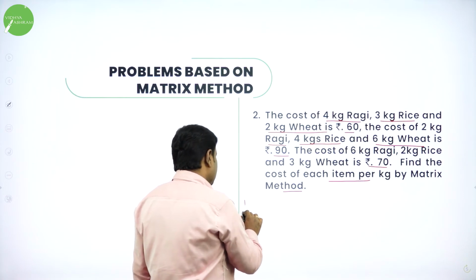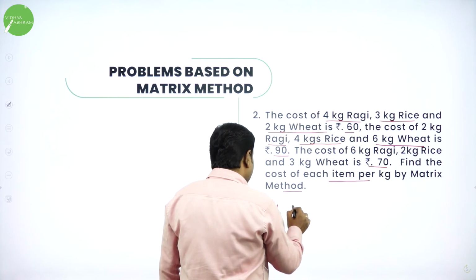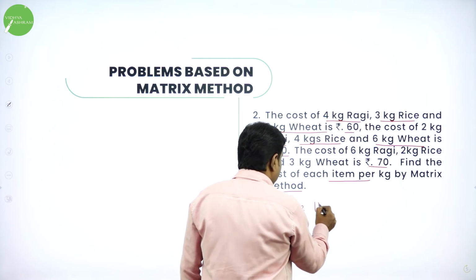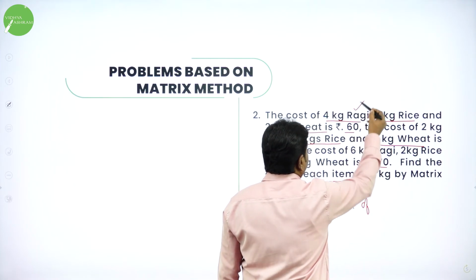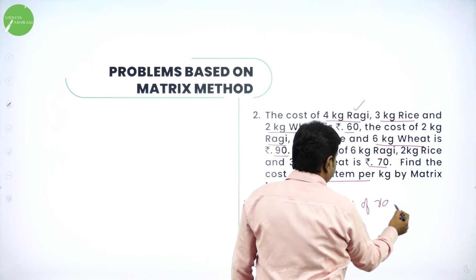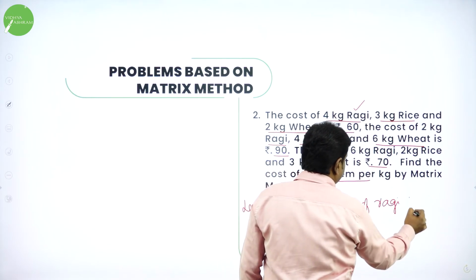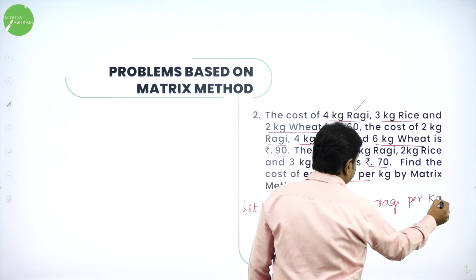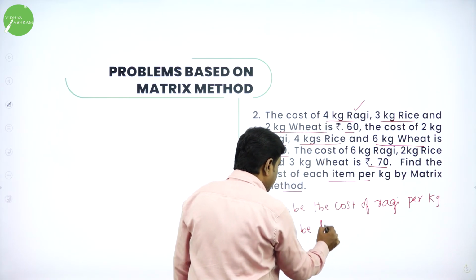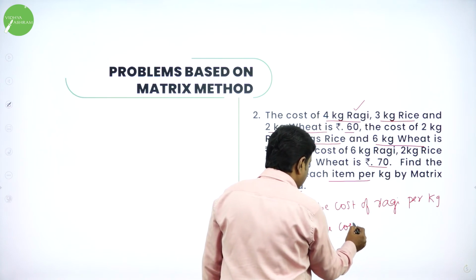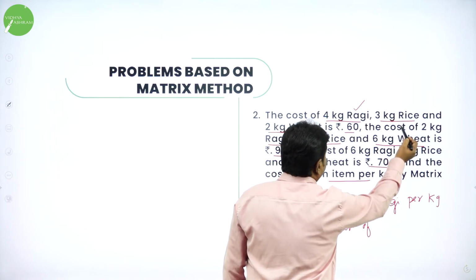So let us assume, let x be the cost of the first entity. What is the first one? Ragi, per kg. Then y be the cost of the second item. What is the second item?